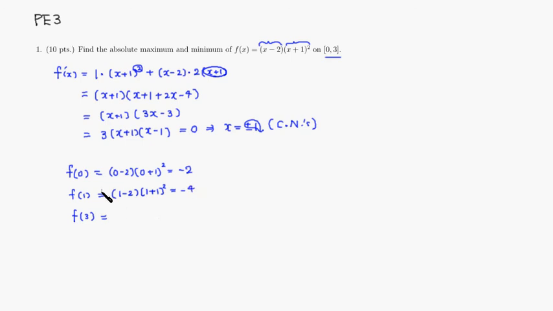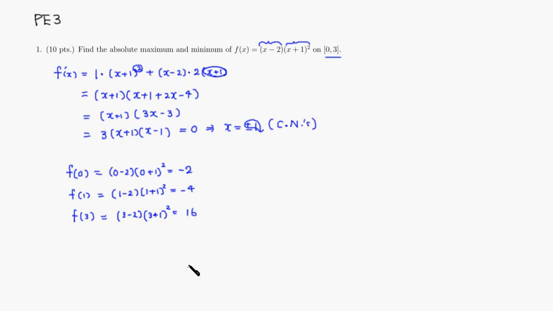And f(3) would be (3 - 2) times the quantity (3 + 1)^2. 3 minus 2 is 1, and 3 plus 1 is 4, squared is 16. So 16 is the value.